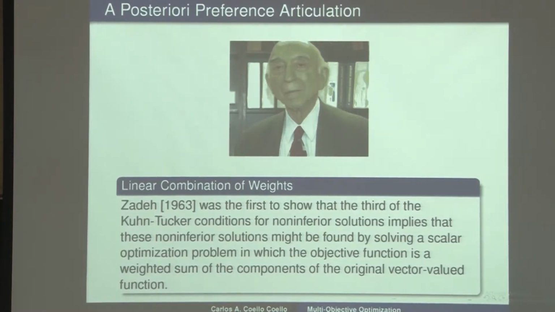So Zadeh, as I mentioned before, in 1963, was the first to show that the third of the Kuhn-Tucker conditions for non-inferior solutions implies that these solutions might be found by solving a very simple scalar optimization problem in which all we do is produce a weighted sum of the components of the original vector valued function.